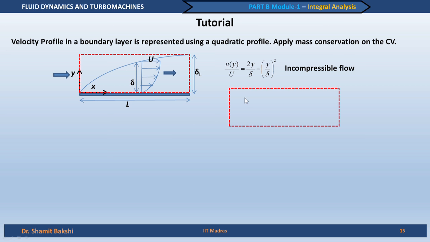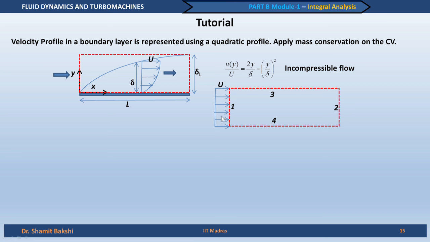We take out this control volume and look at the relevant quantities, the mass flow rate coming in and going out. We define these 4 control surfaces, 1, 2, 3, 4. As you can see here, the velocity at the inlet, that means at the left control surface, is uniform.